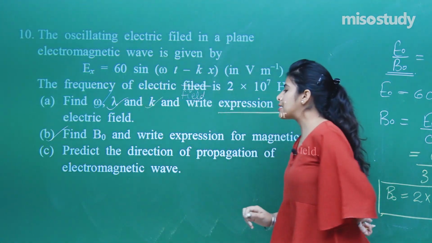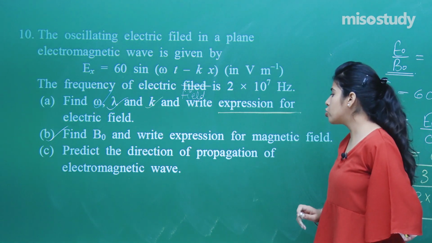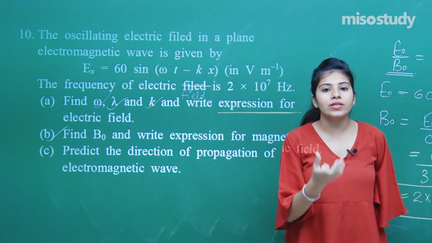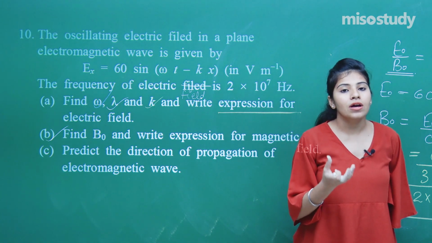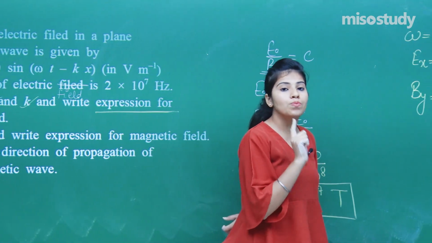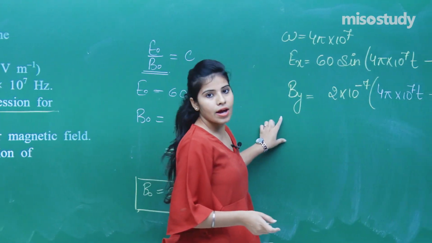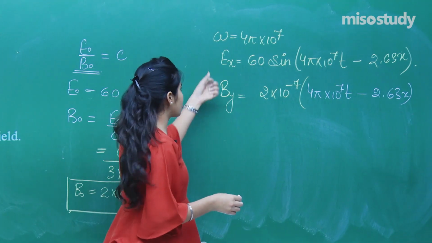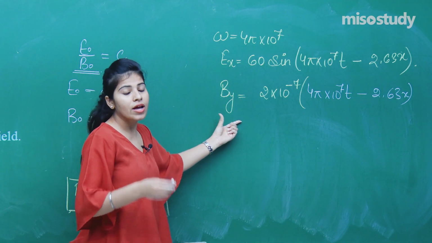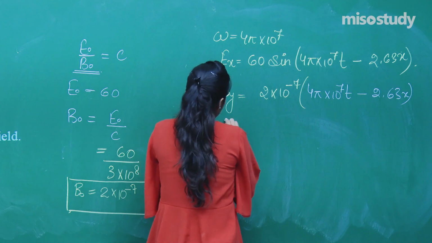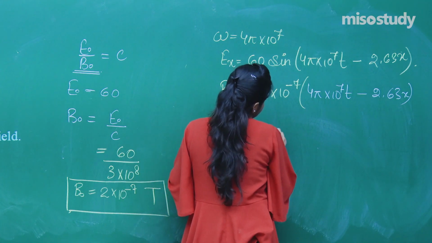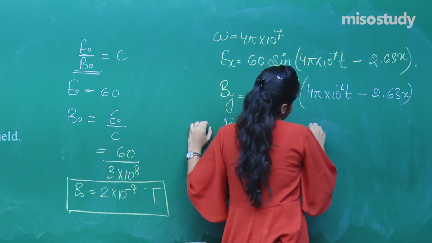The C part says to predict the direction of propagation of the electromagnetic wave. I told you that the direction of propagation of the wave is perpendicular to both the electric field and magnetic field. So if the electric field is in x direction and magnetic field is in y direction, definitely propagation of the wave will be in z direction.